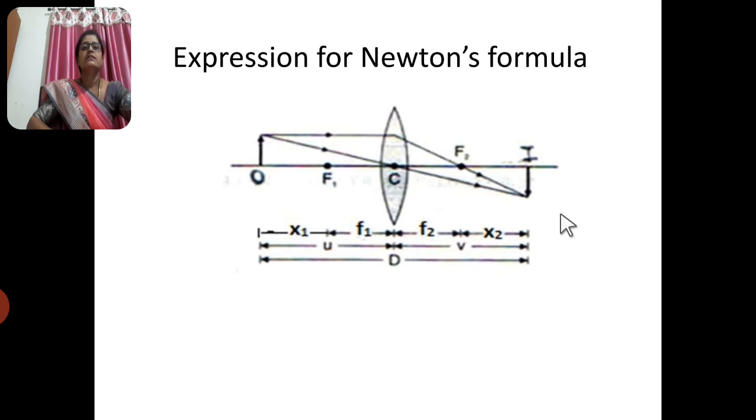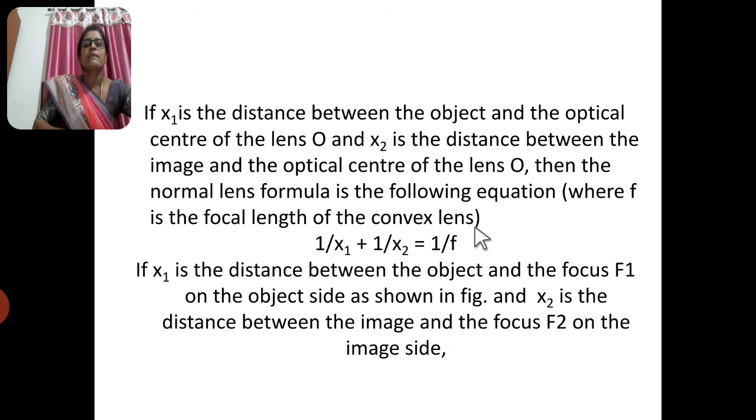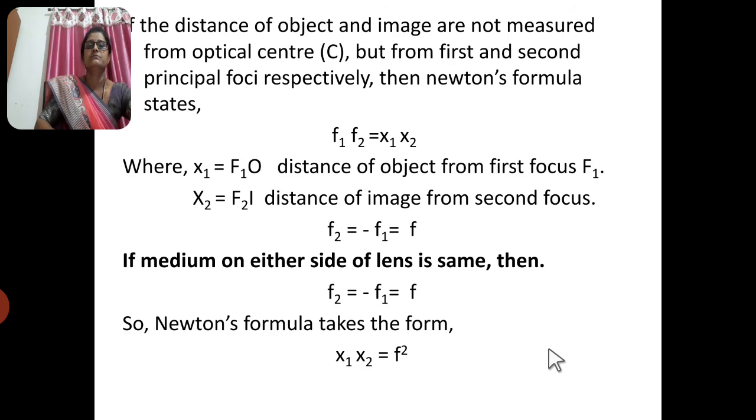If x1 and x2 are the object distance and the image distance, then the equation is given by 1 by x1 plus 1 by x2 is equal to 1 by f. x1 is the distance between the object and the focus F1 on the object side as shown in the figure above, and x2 is the distance between the image and the focus F2 on the image side.